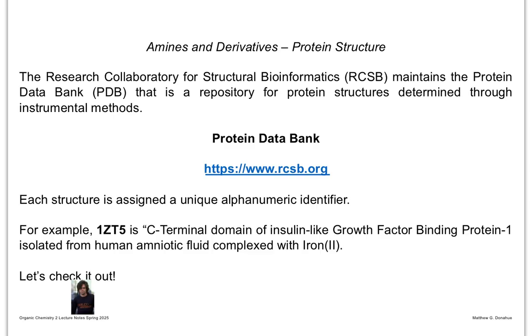X-ray is probably the most common, but it can also be done with NMR analysis. So let's go to rcsb.org. And once you get there, you're going to search for this identifier, 1ZT5.